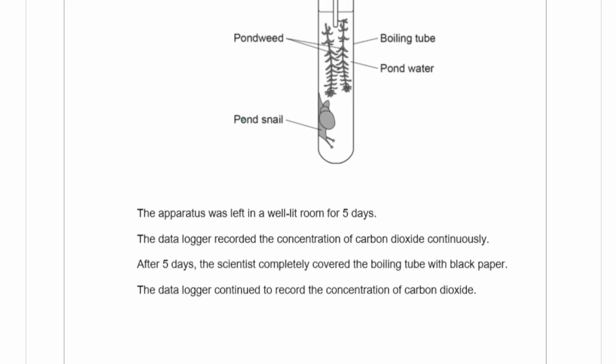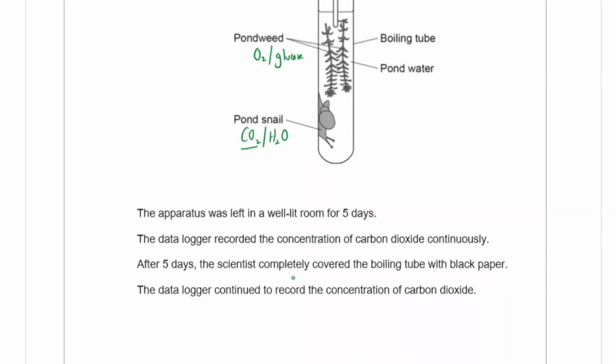That would mean the pondweed is carrying out photosynthesis to produce oxygen and glucose. The pond snail is obviously going to carry out aerobic respiration to produce carbon dioxide and water. That carbon dioxide produced by the pond snail is going to be used by the pondweed during photosynthesis. The data logger recorded the concentration of carbon dioxide continuously.